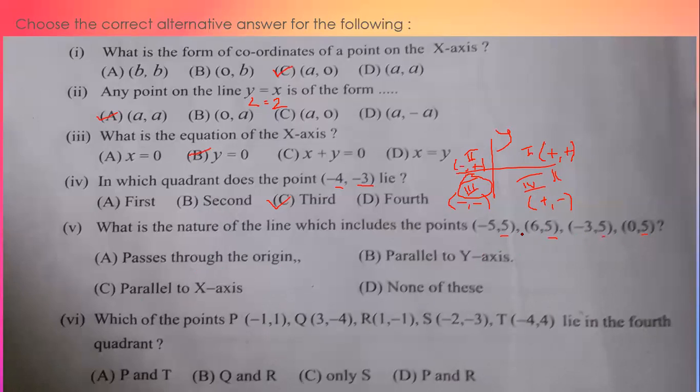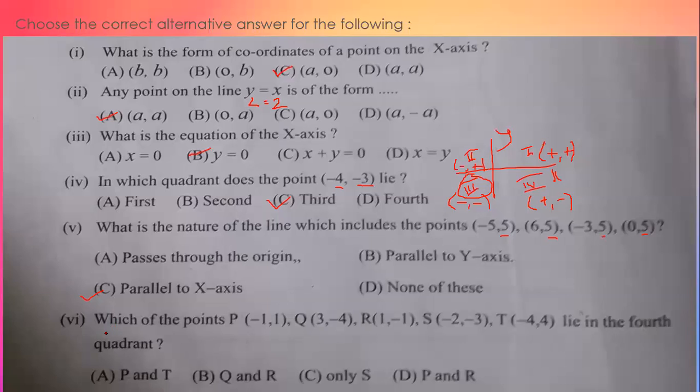See here, 5, 5, 5, 5. So what can you say about this line? This line is parallel to x-axis. This concept we have done yesterday only. The y coordinate is the same, so the line is parallel to x-axis.